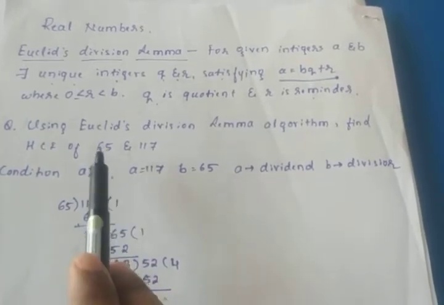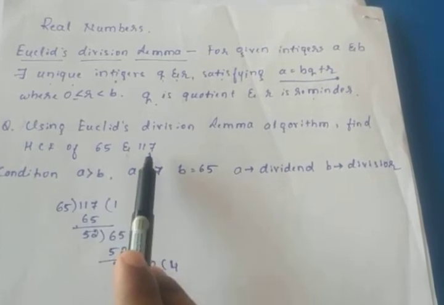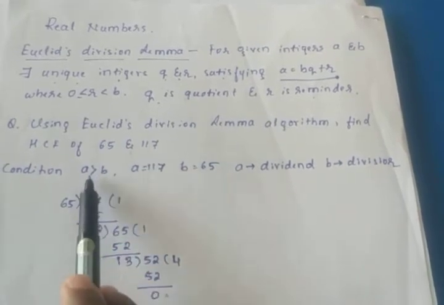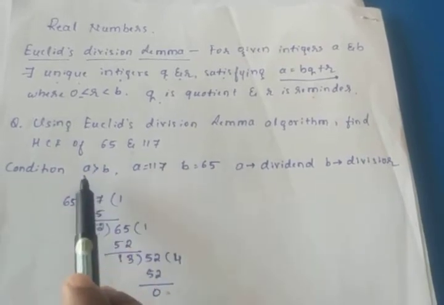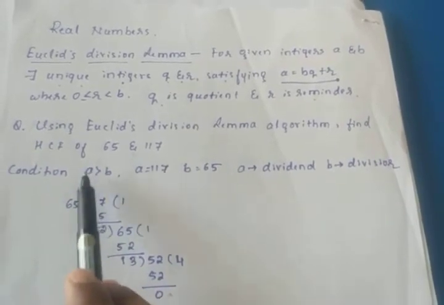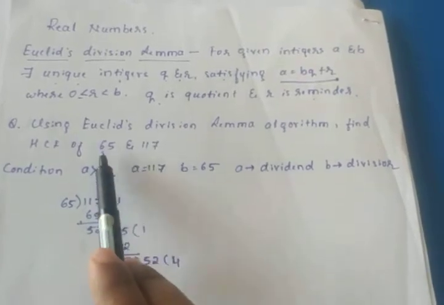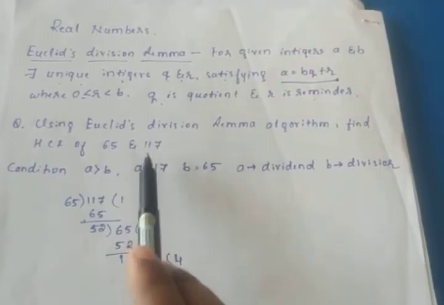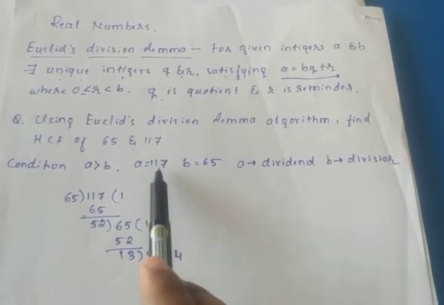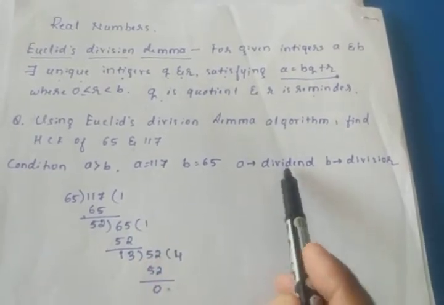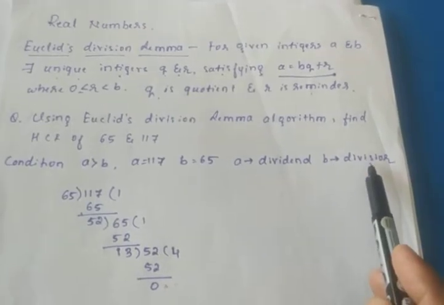Between 65 and 117, the greatest will be a and the lowest will be b. The greatest one will be the dividend and the smallest will be the divisor.